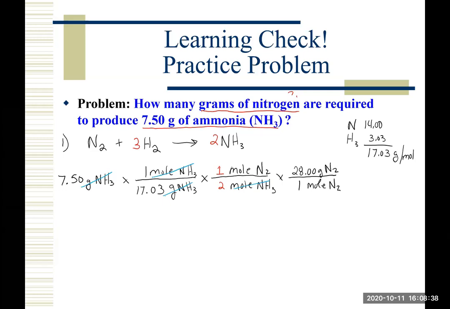And I have to use N2, not just nitrogen, because I have N2 in my balanced reaction equation, and that's what I represented in the molar ratio in the previous conversion factor. Now I've cross-canceled moles of N2. I have grams of N2, which is grams of nitrogen, and all I have to do is solve this problem.